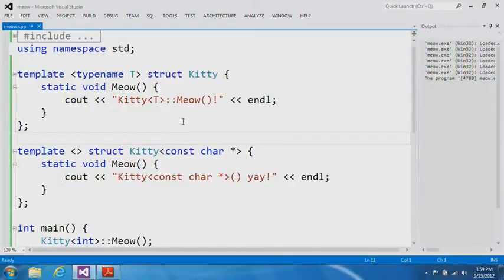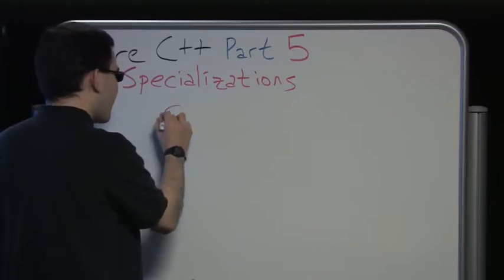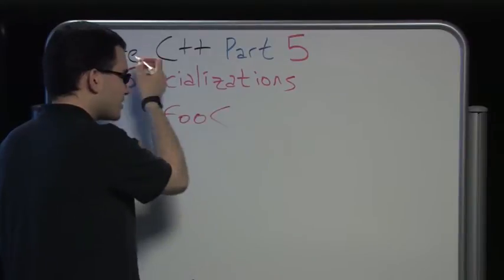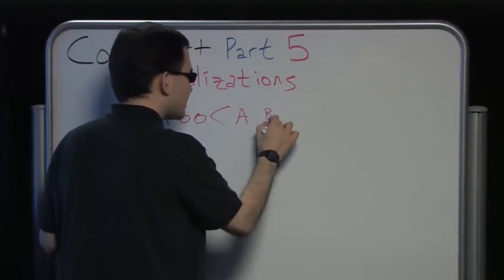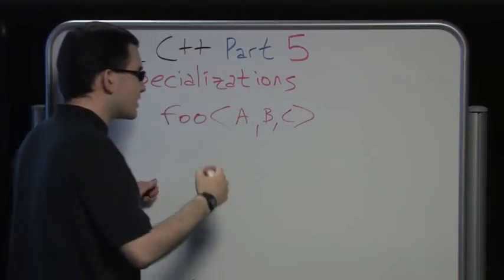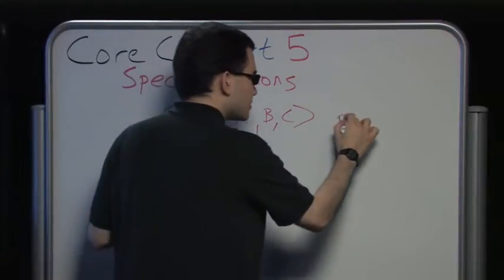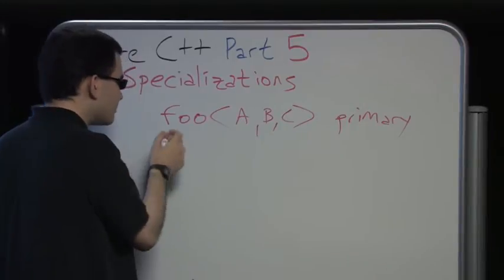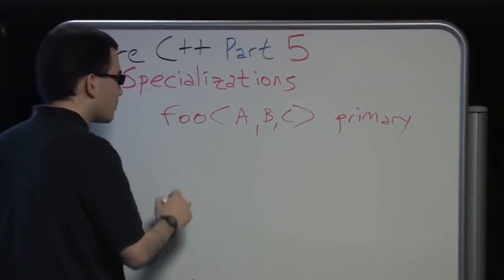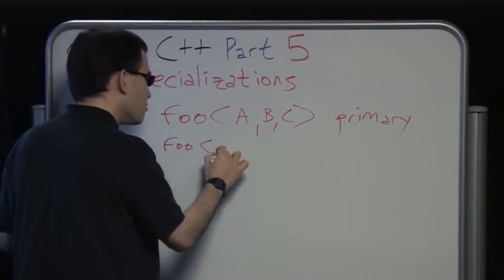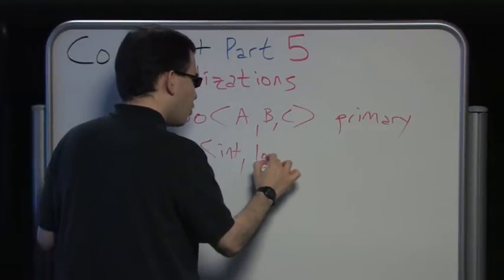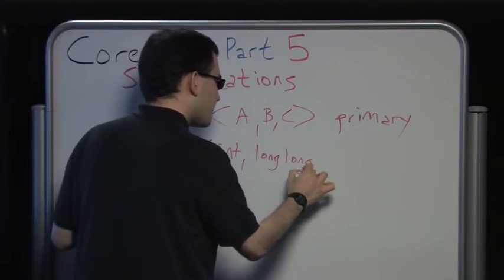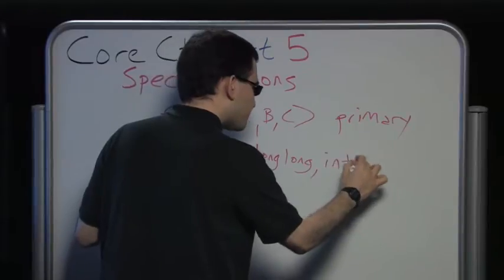So this can work for any number of arguments. Imagine that I had a Foo class templated with template typename, whatever, on like A, B, and C. So this would be the primary template. I could write an explicit specialization beginning with those empty angle brackets for something like Foo of int, long, and int*.